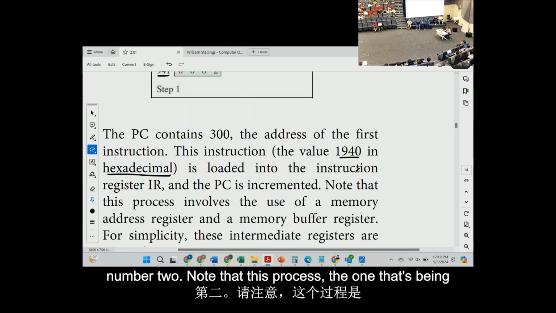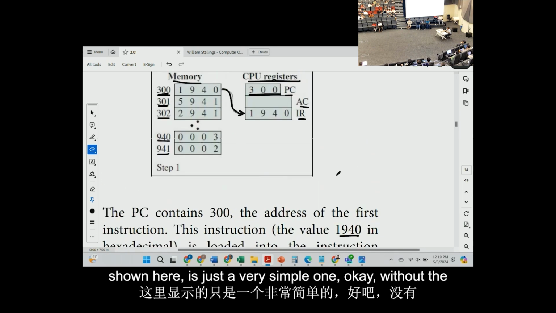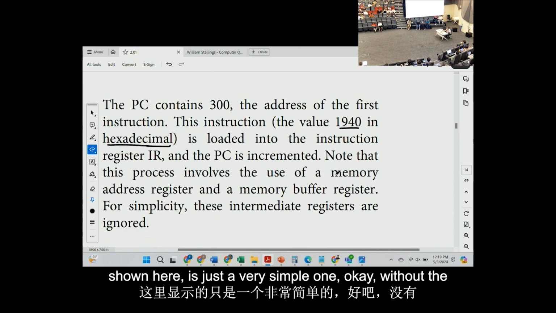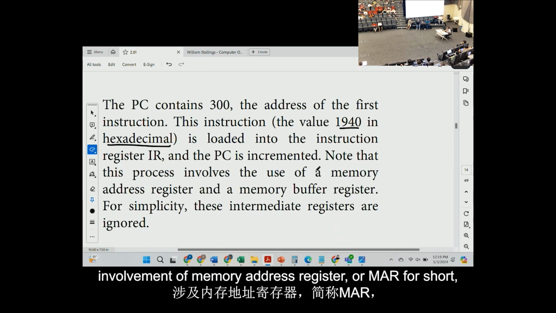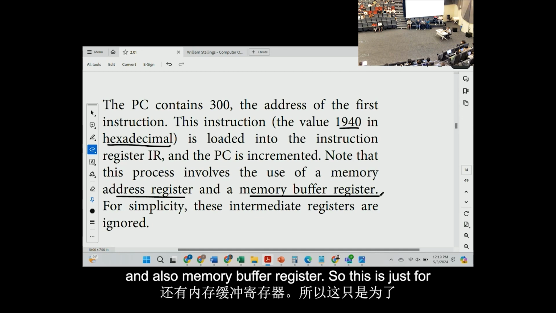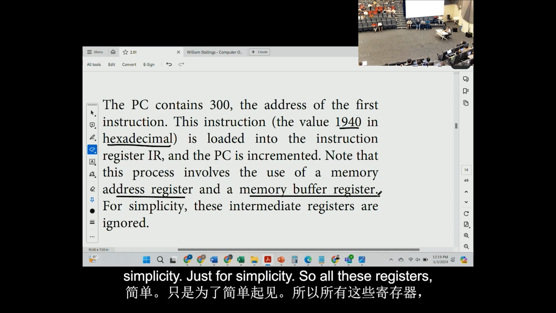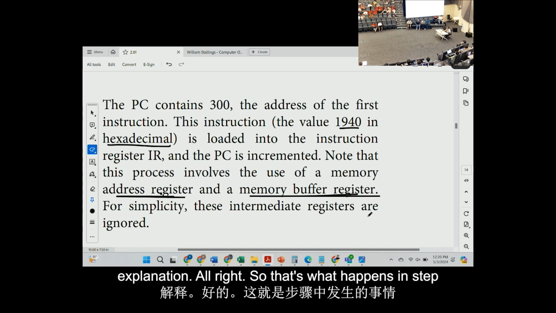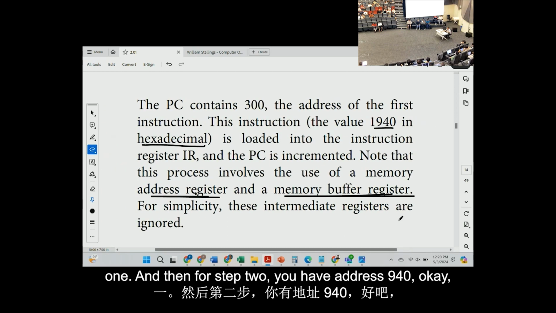Note that this process, the one being shown here, is just a very simple one, without the involvement of the memory address register, or MAR for short, and also the memory buffer register. So this is just for simplicity. All these two registers are being ignored for this explanation. All right, so that's what happens in step 1.